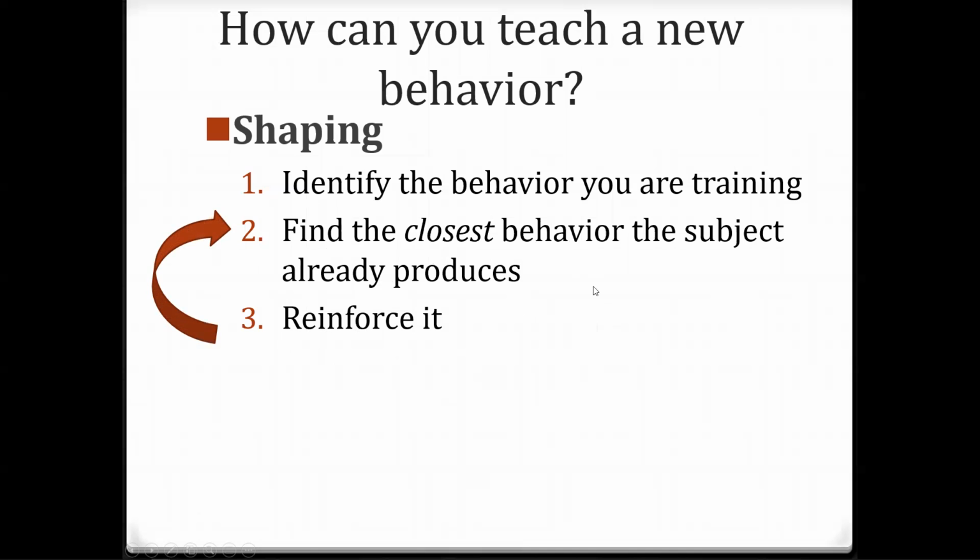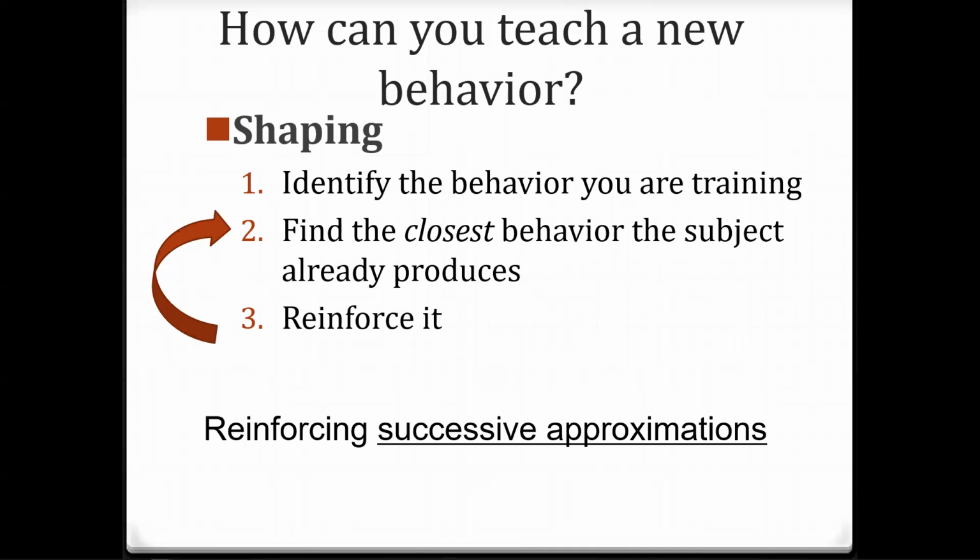So if it's going under a chair, you can initially reinforce just looking at the chair, then approaching up to the chair, then putting a little bit of your head underneath the chair, then a little bit more, and a little bit more, until you go all the way through the chair. So shaping is all about reinforcing successive approximations, getting closer and closer and closer.